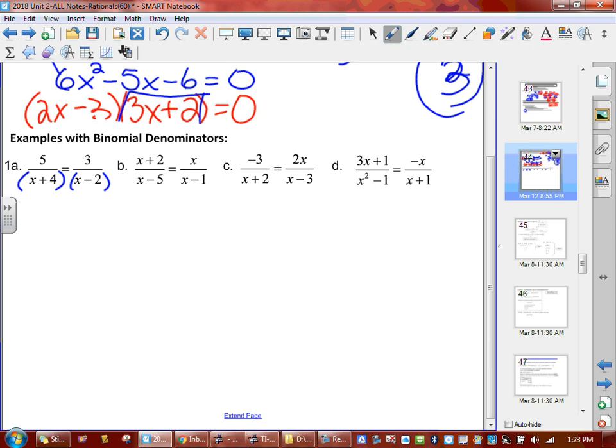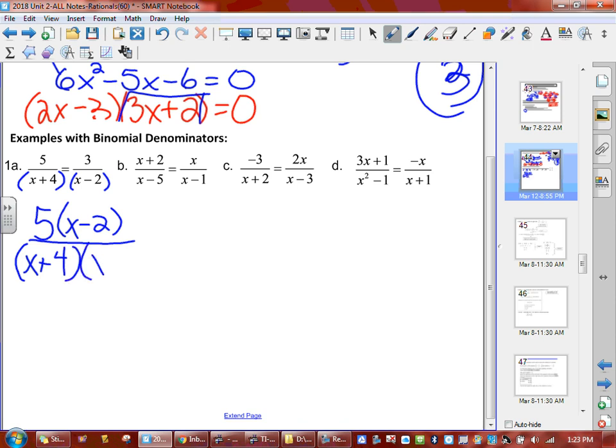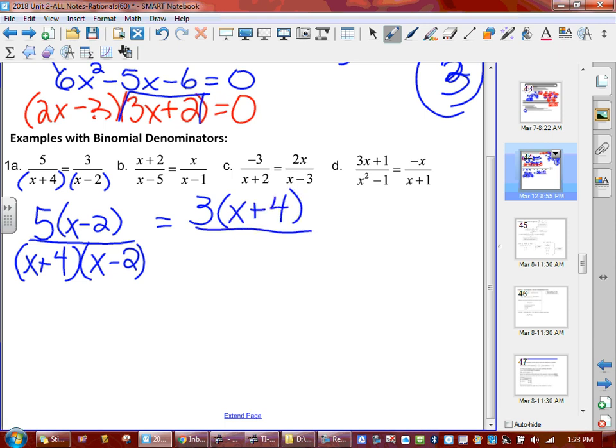So what you do is you multiply to the opposite side. The 5 is missing x minus 2 on the top and bottom. x plus 4, x minus 2. Okay? Equals 3, and what's he missing? The x plus 4.